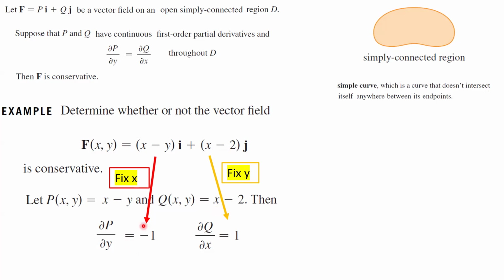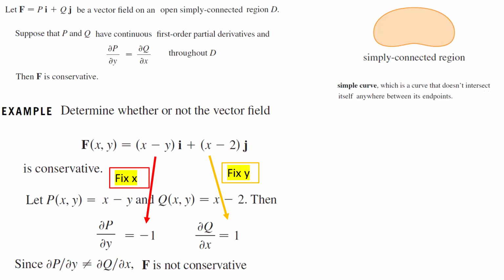But please pay attention here. You have a negative 1 and you have a 1. They are not equal to each other. Since the partial derivative of P with respect to y is not the same as the partial derivative of Q with respect to x, you conclude that F is not a conservative vector field. You can take a look at the visualization as well.